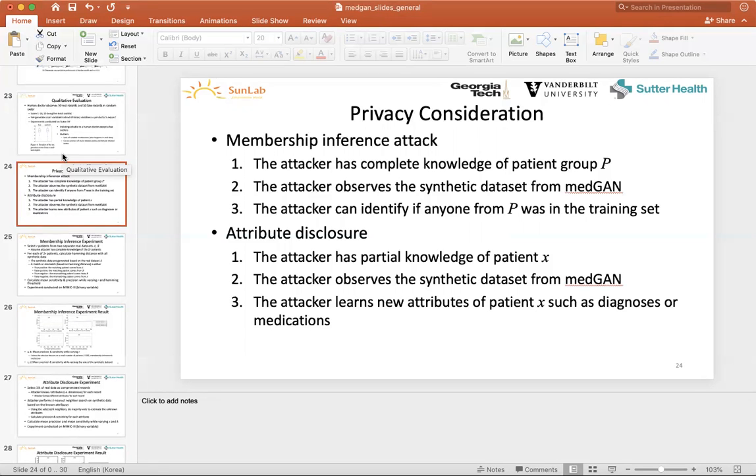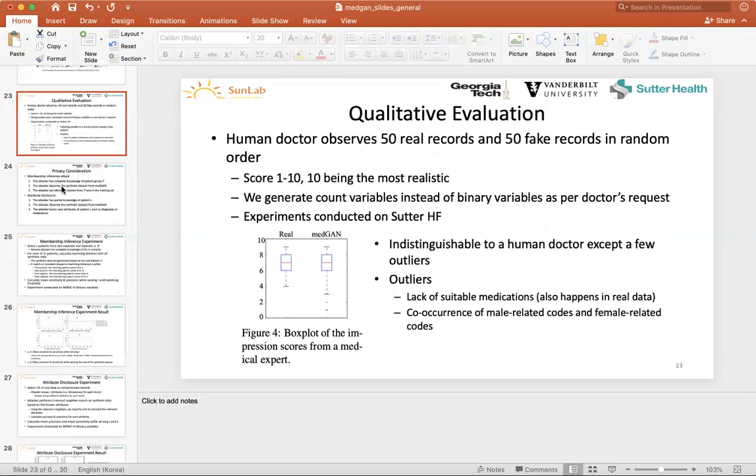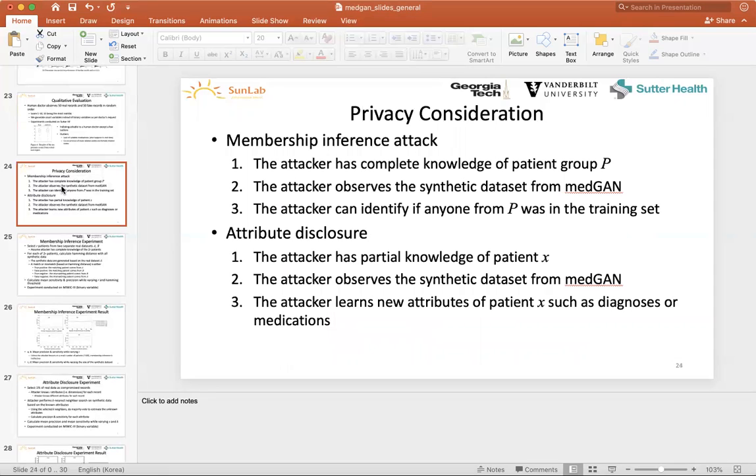From the previous quantitative and qualitative evaluation, MedGAN seemed to work pretty well. But another question is, does it really preserve privacy?